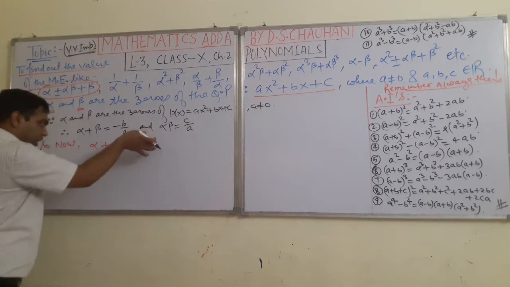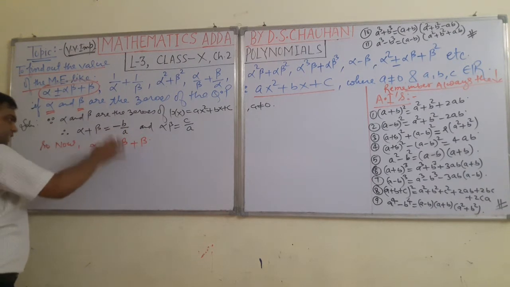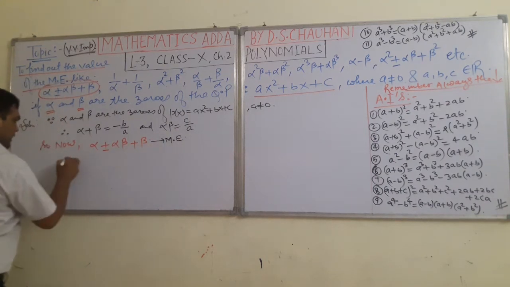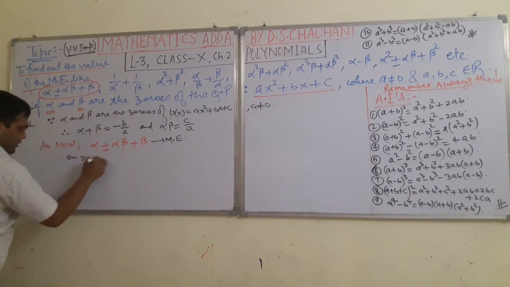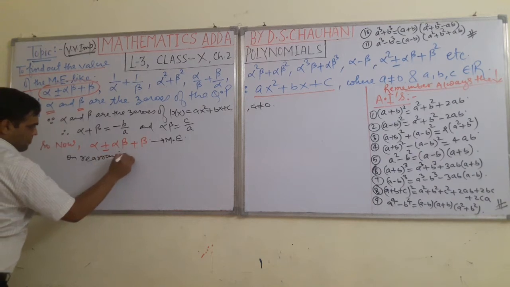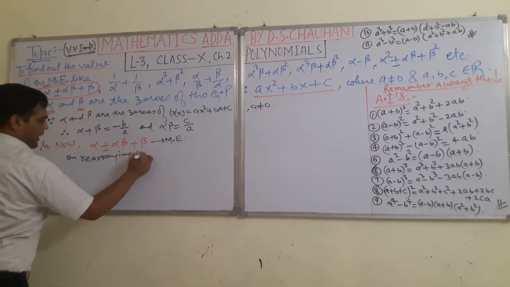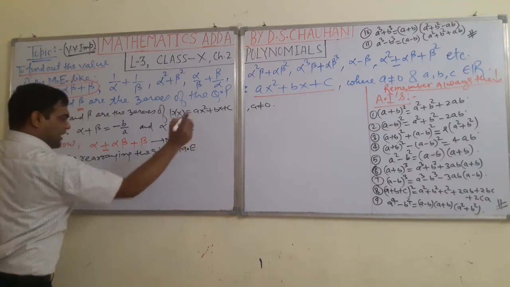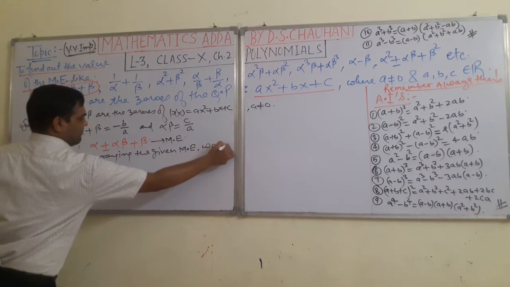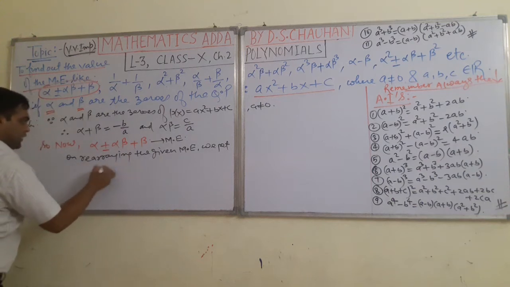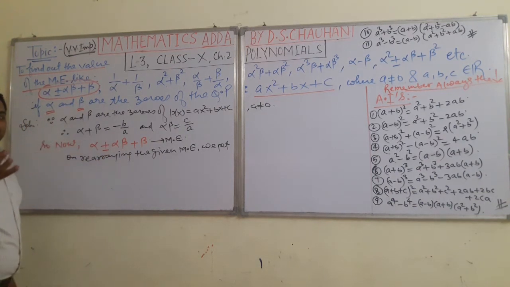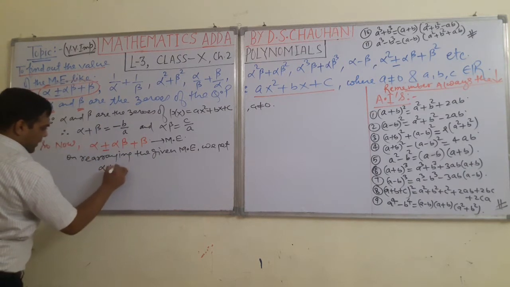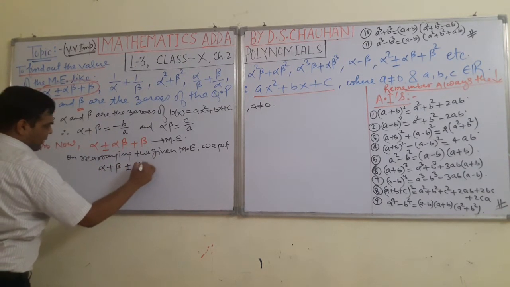If we rearrange this mathematical expression, we are bringing together the first and third terms. We will get alpha plus beta plus minus alpha beta.